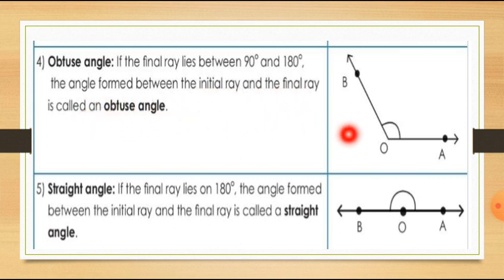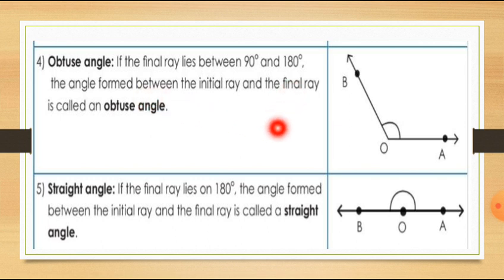If the angle is greater than 90 degree but less than 180 degree, then we can say that it is an obtuse angle. Once again, the angles greater than 90 degree but less than 180 degree are called obtuse angle.